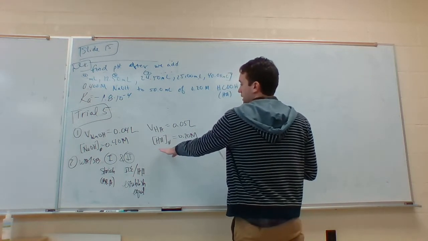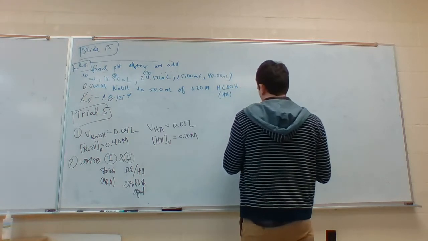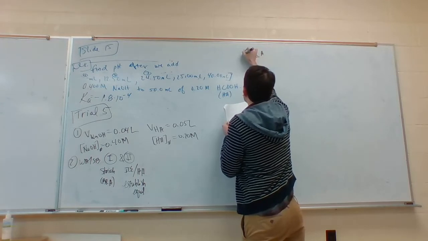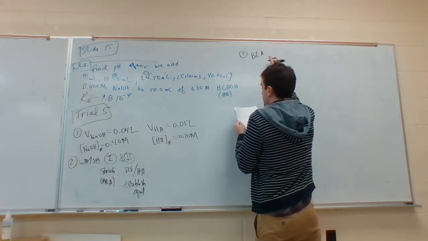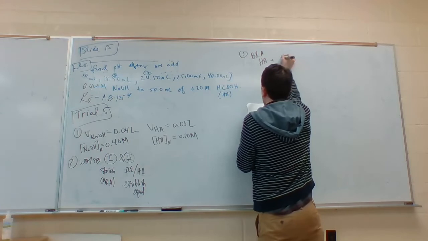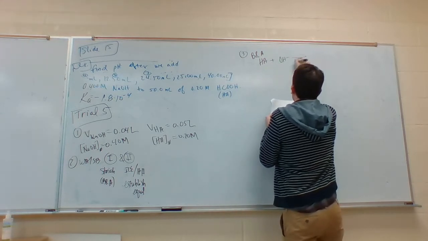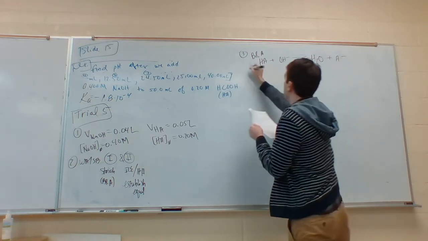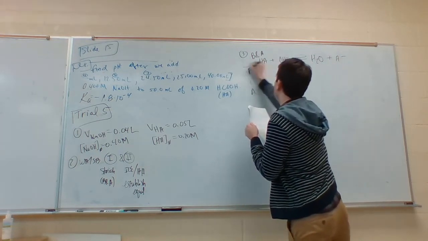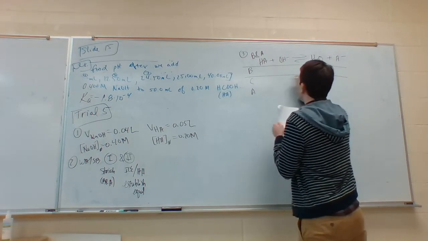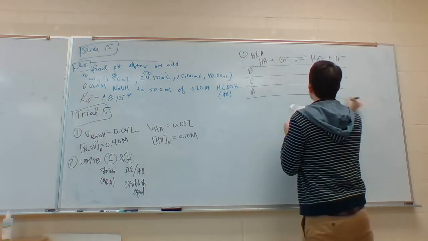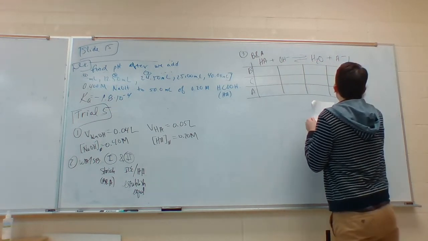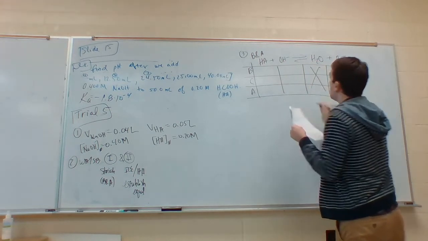Okay, so the very first thing is going to be to do our stoichiometry, right? And for that, we do a before and after table. For our before and after table, we have HA plus OH minus in equilibrium with H2O plus A minus. Before, change, after. Ignore the water.